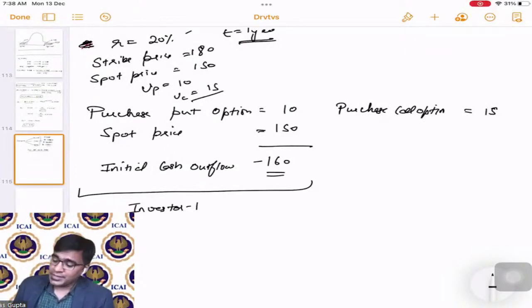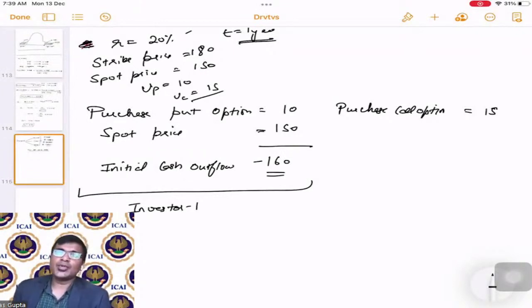Now, the moment he's purchased a call option at 15 rupees, what does he have to make sure? He has purchased the call option, which is the right to buy, and if he needs to exercise this at the time of expiry, then he needs to pay the amount equivalent to the strike price.